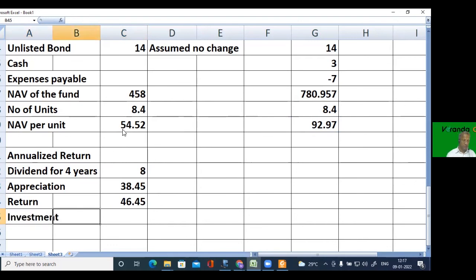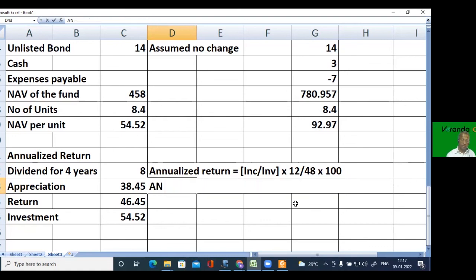Investment that we have made was 54.5. So annualized return is equal to income divided by investment, multiplied by 12 divided by 48 into 100.